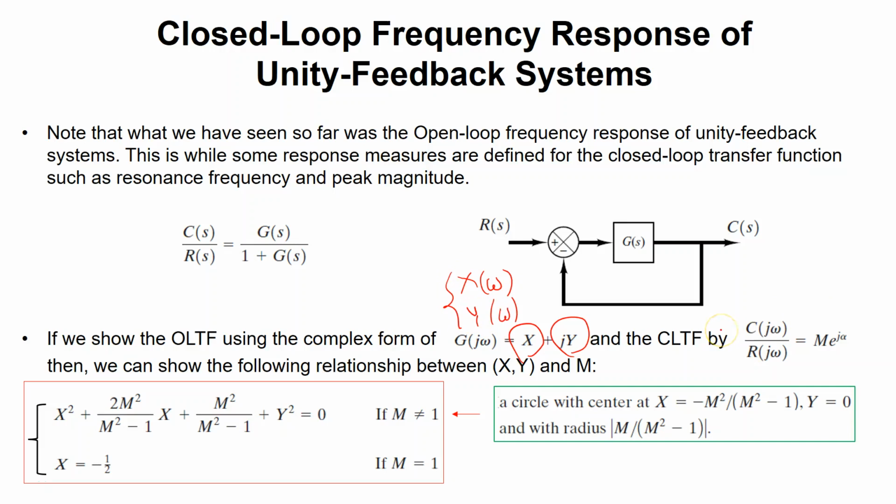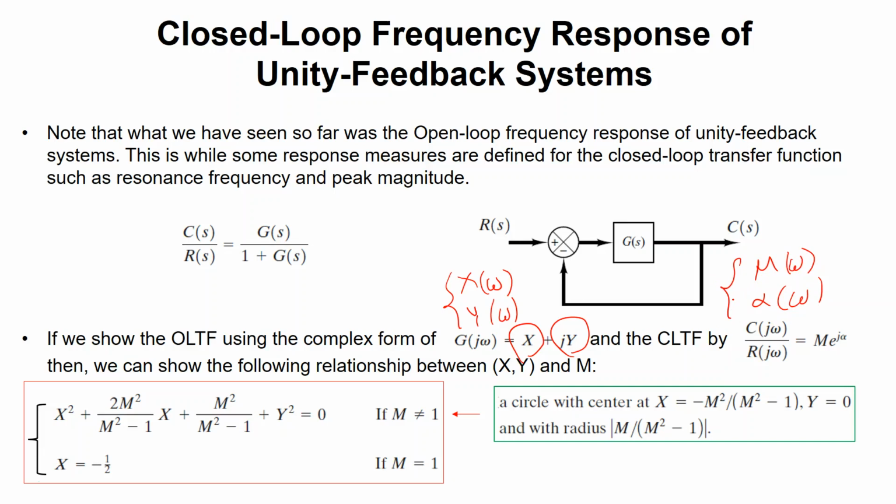And the closed loop transfer function, C over R, I write as m times e to the j alpha, where m is the magnitude of the closed loop transfer function and alpha is the phase of it. Again, m and alpha are functions of omega.